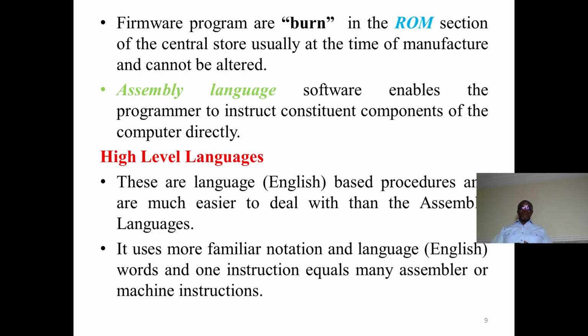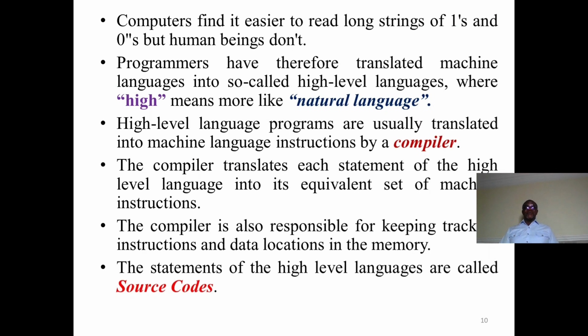They use more familiar notation and language words, and one instruction equals many assembler or machine instructions. Computers find it easier to read long strings of ones and zeros. That is why they are called digital systems. But reading meaning into this string of ones and zeros is difficult for human beings.